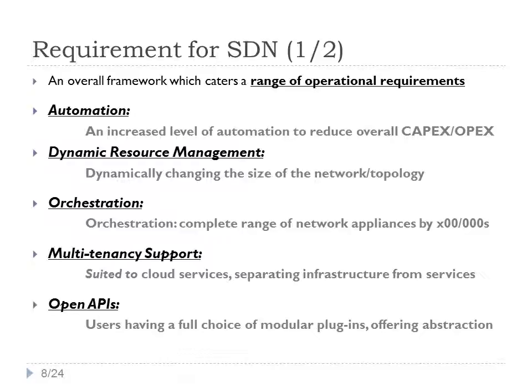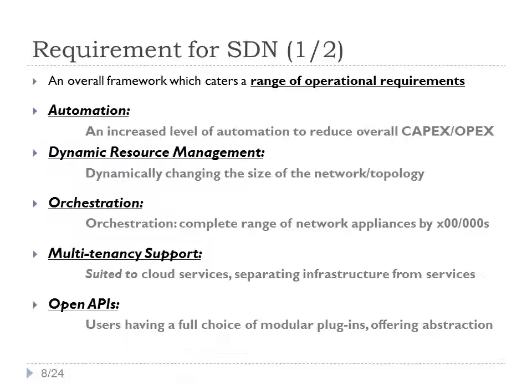So starting off with the first one is automation. We needed an increased level of automation to reduce the overall expenditure and facilitate effective troubleshooting as well as reducing unscheduled downtimes and easing off the policy enforcement in the provisioning of modern networks.